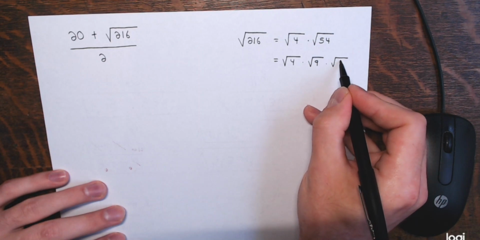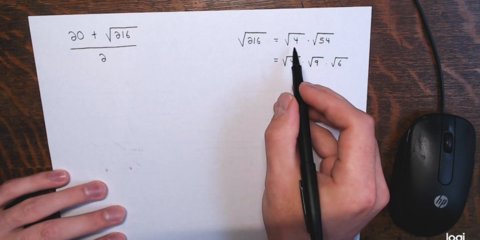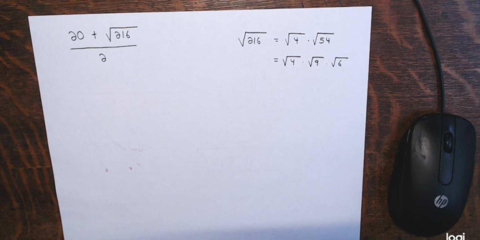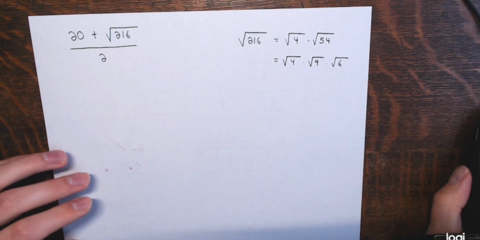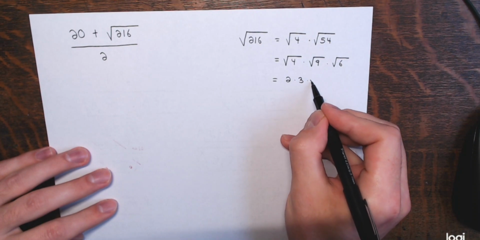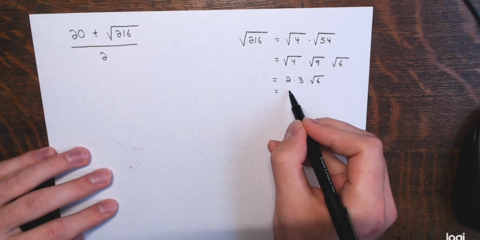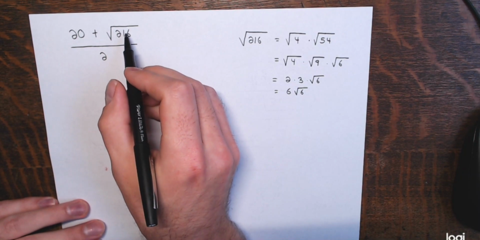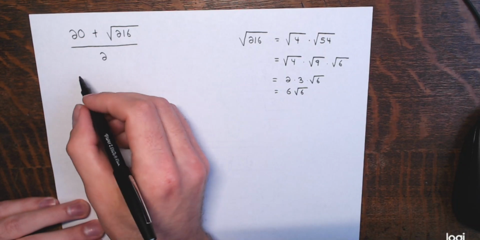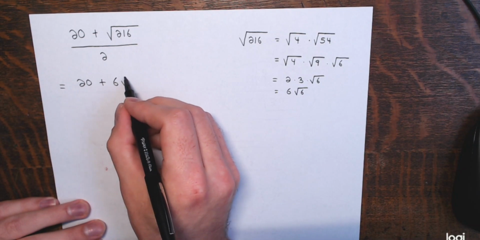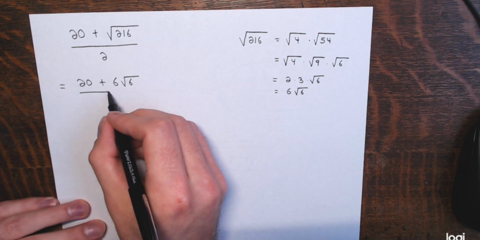Right, and so I could have actually thought of this as 36 times 6. So this ends up being 2 times 3 times the square root of 6, which is just 6 times the square root of 6. All right, so I'm going to replace the square root of 216 with 6 times the square root of 6. So 20 plus 6 times the square root of 6 divided by 2.